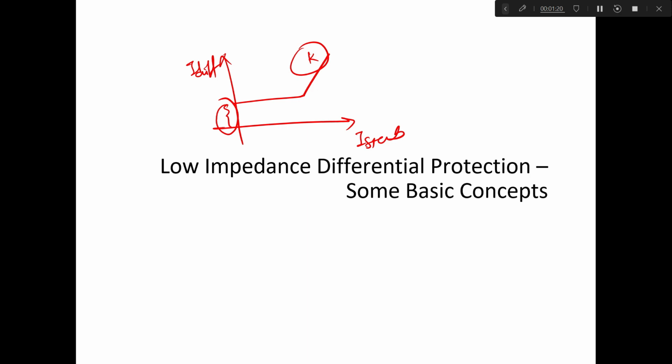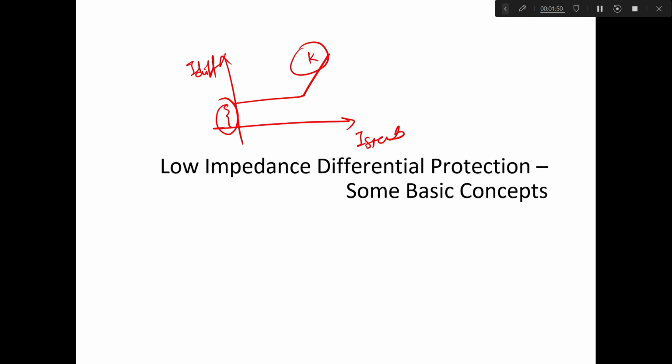The concepts of low impedance differential protection are exactly the same as those we have already discussed during the transformer protection series, or most importantly, during the transformer differential protection session. In the upcoming 3 or 4 slides, you will observe the difference between transformer low impedance differential protection and bus bar low impedance differential protection.